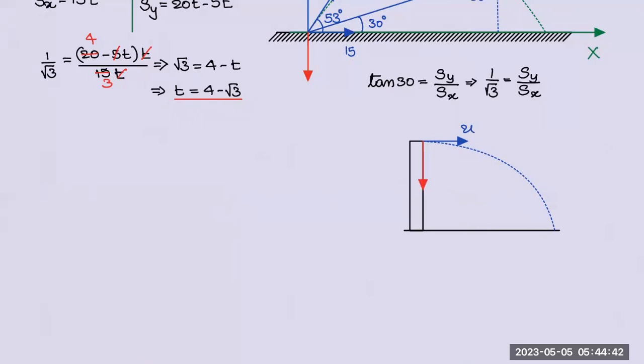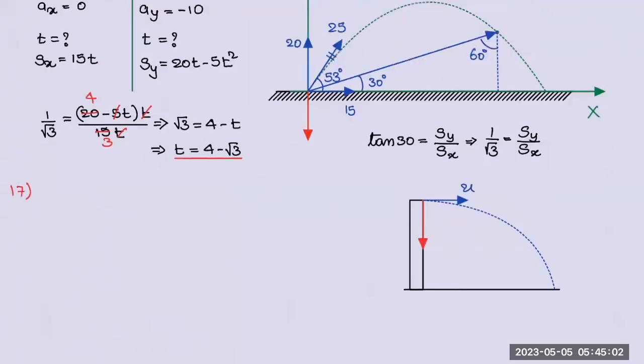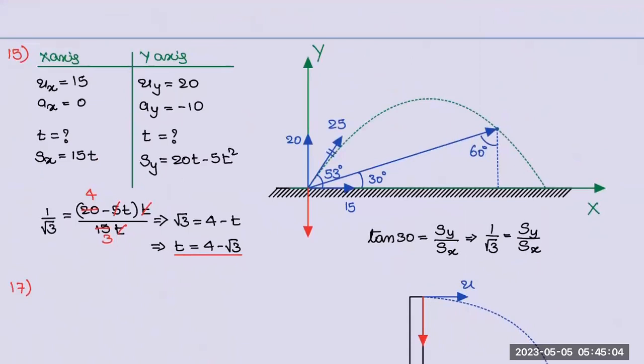What is vertical u? 0. After that, simple solutions. Question number 17 can be solved by a shortcut formula also. There is a derivation for the shortcut formula. I'll do both, but right now I do it with simple logic.